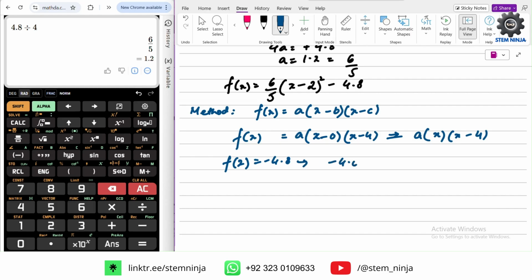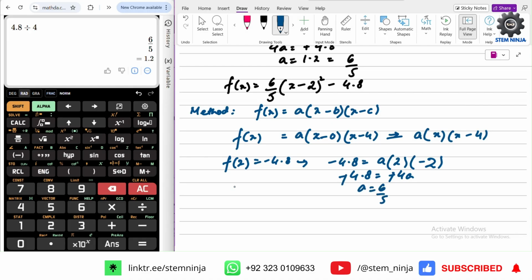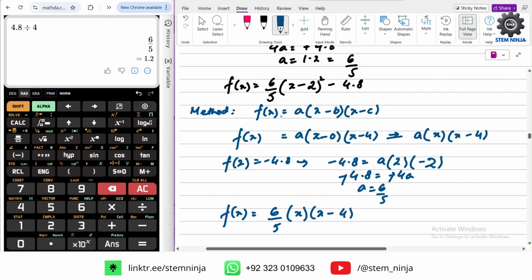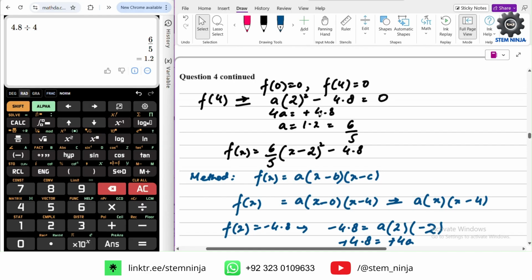So minus 4.8 equals a times 2 times 2 minus 4, which is minus 2. Sorry, 2 times minus 2, so you have minus 4a on one side and minus 4.8 over here, which cancels out, leaving us a equals 6 over 5 again. So in this case, you will have f of x equals 6 over 5 x times x minus 4. Now depending on your choice, you can choose either one.